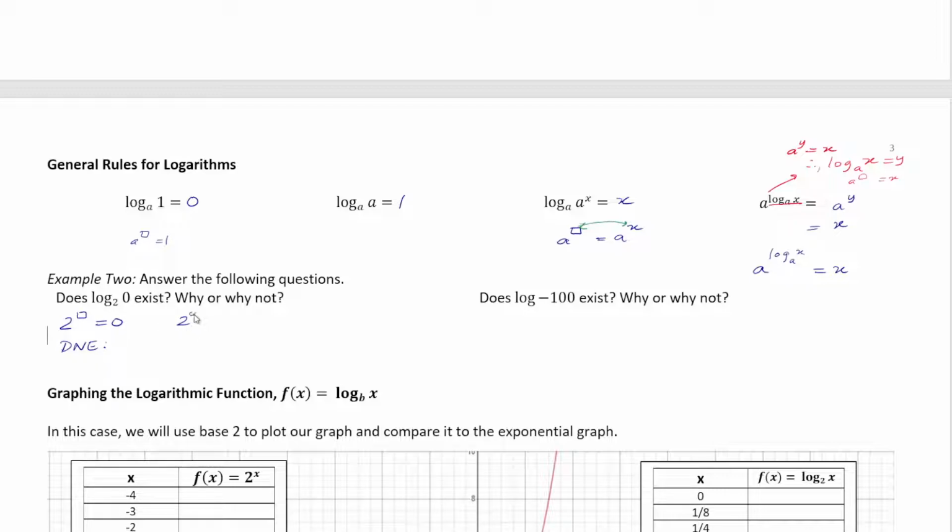Students often want to say, oh yeah, 2 to the 0 equals 0. No, 2 to the 0 equals 1. There is no exponent that exists that will produce a value of 0. So we will write that out. Does not exist. There is no exponent that will produce a value of 0.